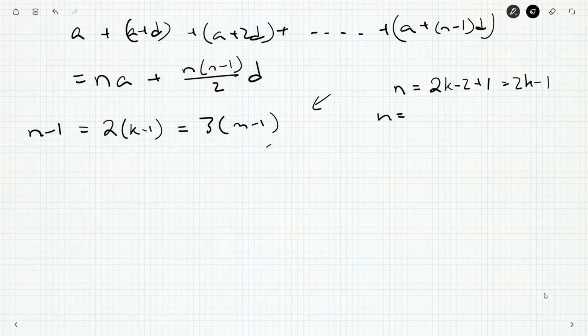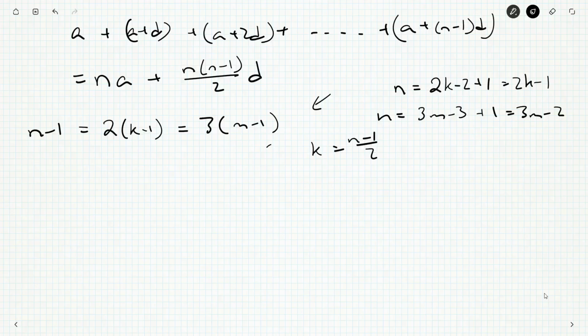N is also 3m minus 3 plus 1, or 3m minus 2. So k is n plus 1 over 2, and m is n plus 2 over 3.